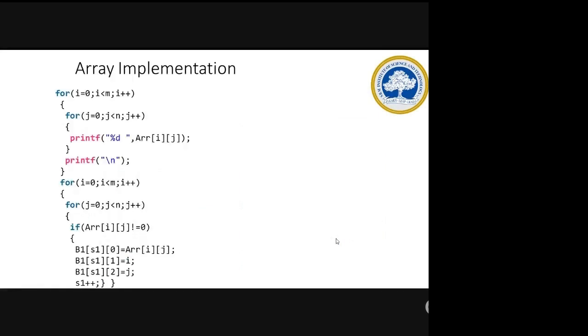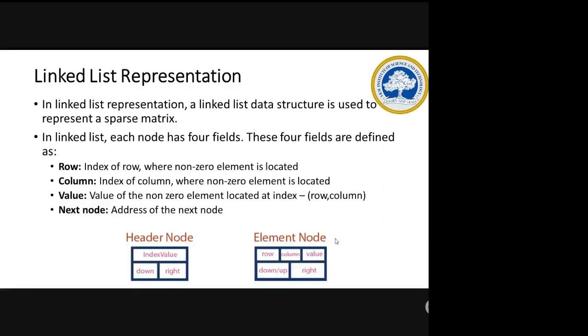Now if I go for the linked list representation, it is a little bit different. In the first unit itself, I told you linked list is also a data structure. This is the main data structure from where your main concept of DS starts, because till now we have used only arrays. So why are we entering into linked list?